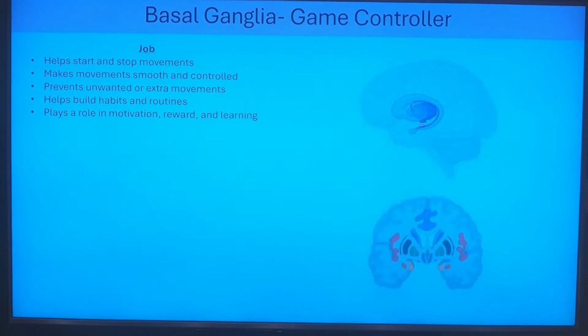And then that works with what I call the game controller, the basal ganglia. So really interesting. When you look here on the top image, you see how the basal ganglia is kind of wedged in the exact center of the brain? So when you develop your brain, does anybody know why our brain has wrinkles? For surface area, yeah, that's right.